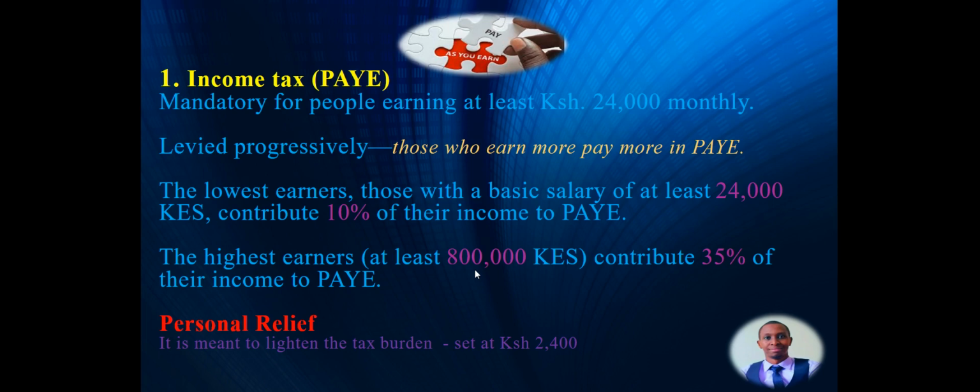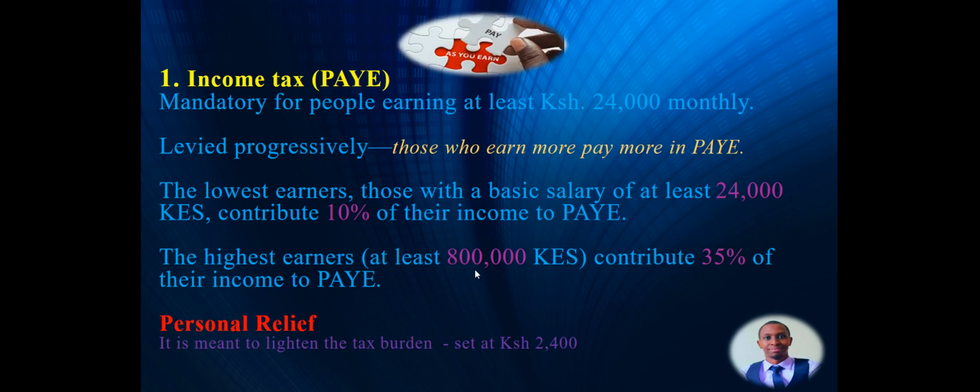It is also good to note the personal relief, which is at 2,400 Kenya shillings, and this relief is basically meant to lighten the tax burden. Well, this 2,400 is deducted from the PAYE at the point of computing. This is subject to the band that you are in.